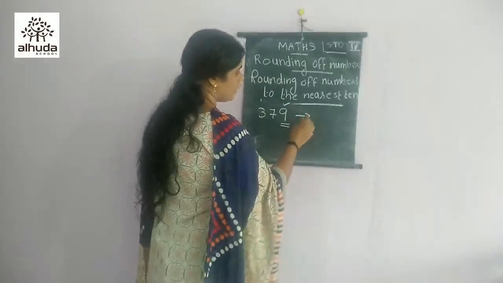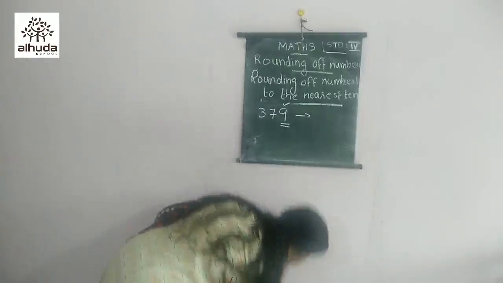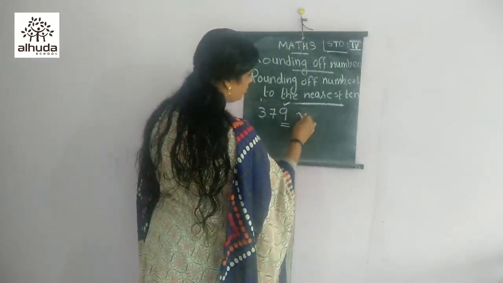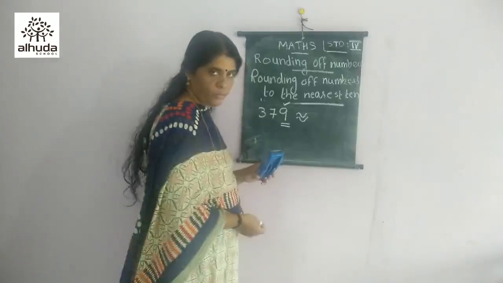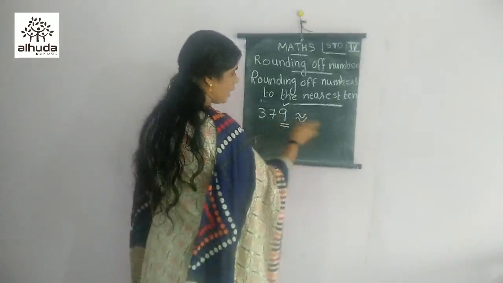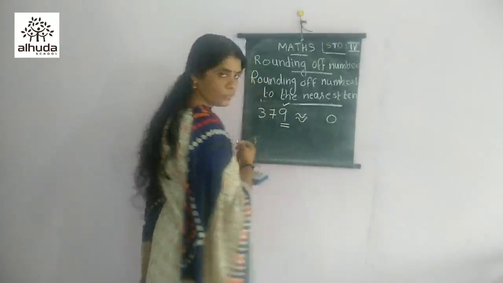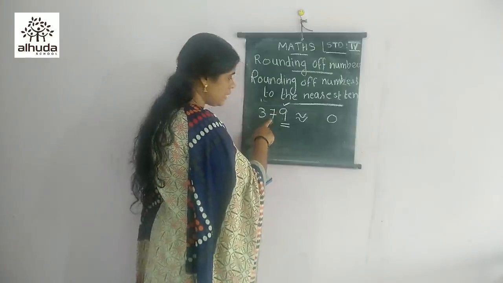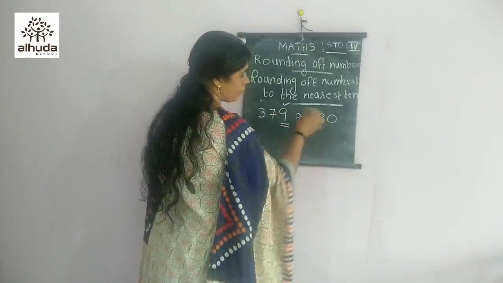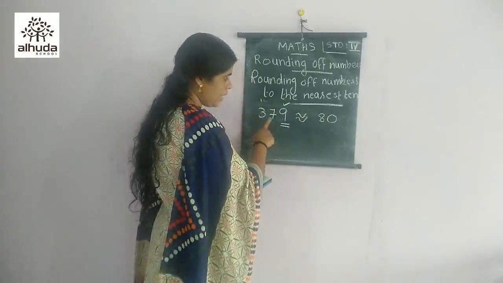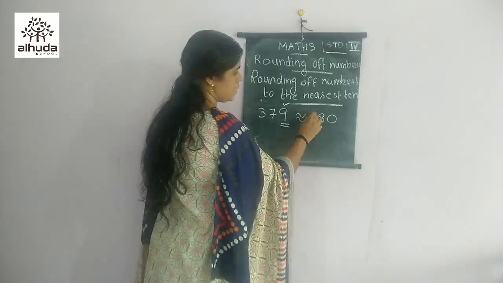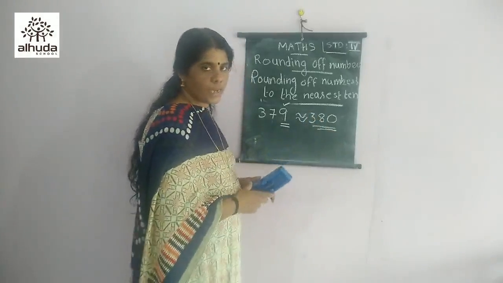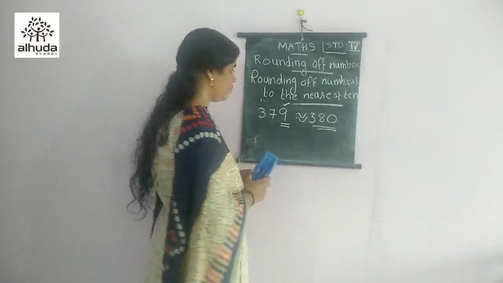So 9 we put 0. Then we add 1 to the tens place digit, that is 7 plus 1, 8. And 3 as it is, that is 380. 379 came as 380.